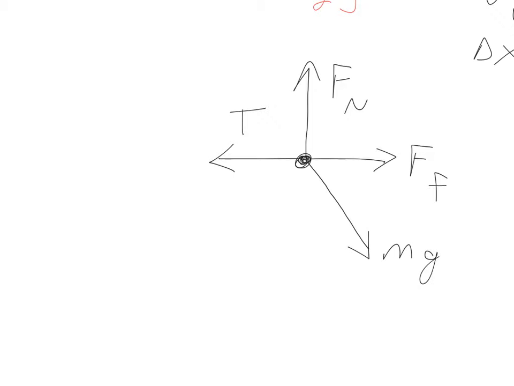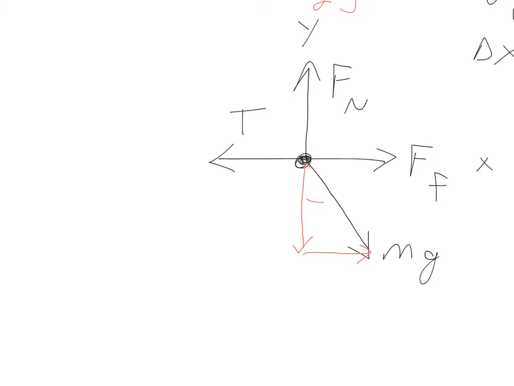Now we need to break weight into an x and a y component. So I need to know the extent to which that goes down and the extent to which it goes across.